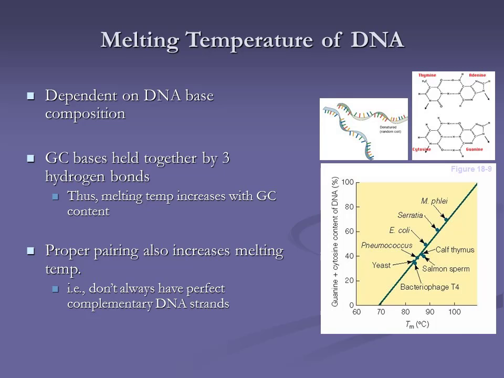And this increase in temperature is directly related to that GC having the three bonds and needing more energy to separate. The higher the GC content, the higher the temperature needed to denature the DNA. Because as you add GCs, you're adding one additional hydrogen bond that the AT pair didn't have. So it takes more energy to break.